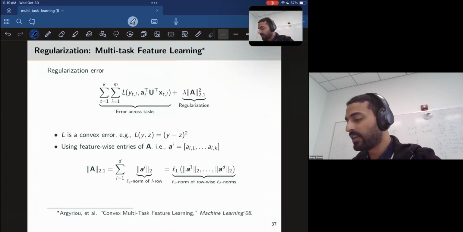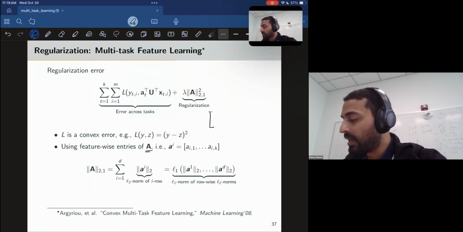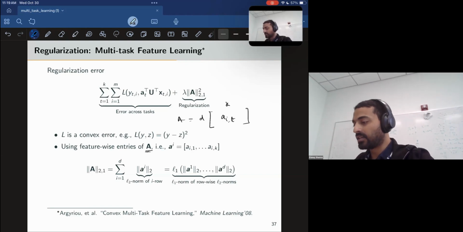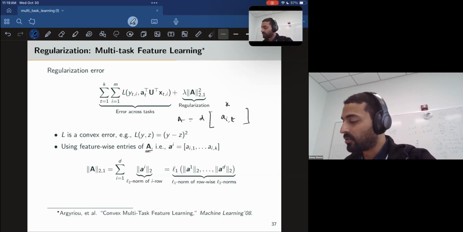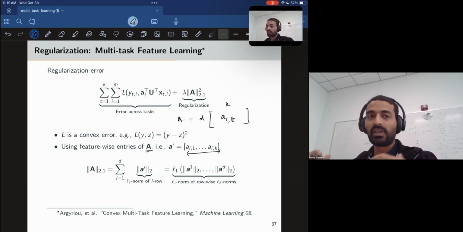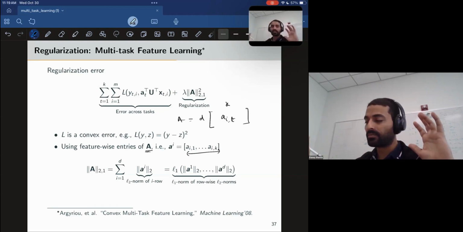If we look at the entries of this matrix feature-wise, recall we collected all the entries in this D cross K matrix and we called it A, and these were A_it. If we collect the different rows of this matrix, keeping i fixed and varying over the different tasks, this will give us the importance of feature i over all the tasks.